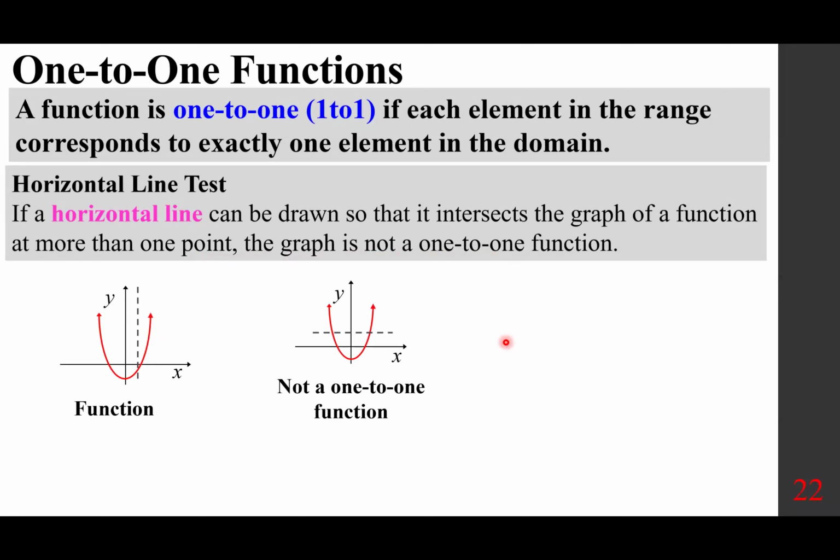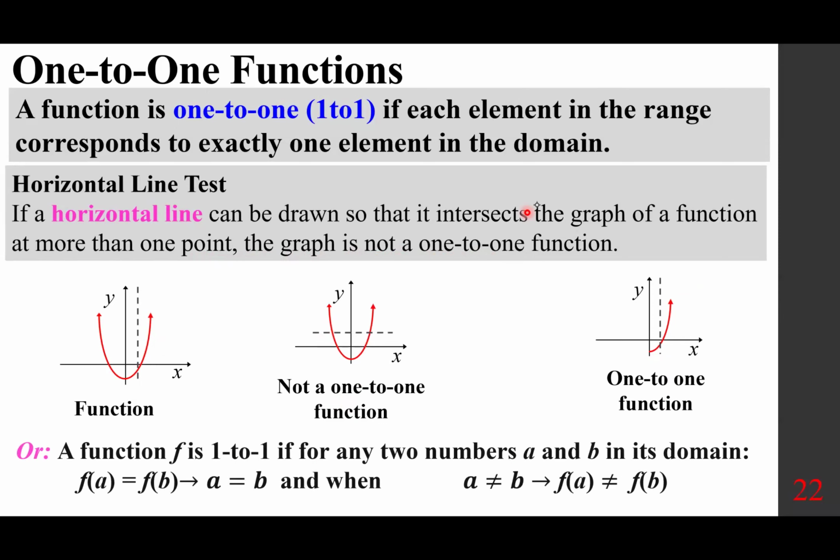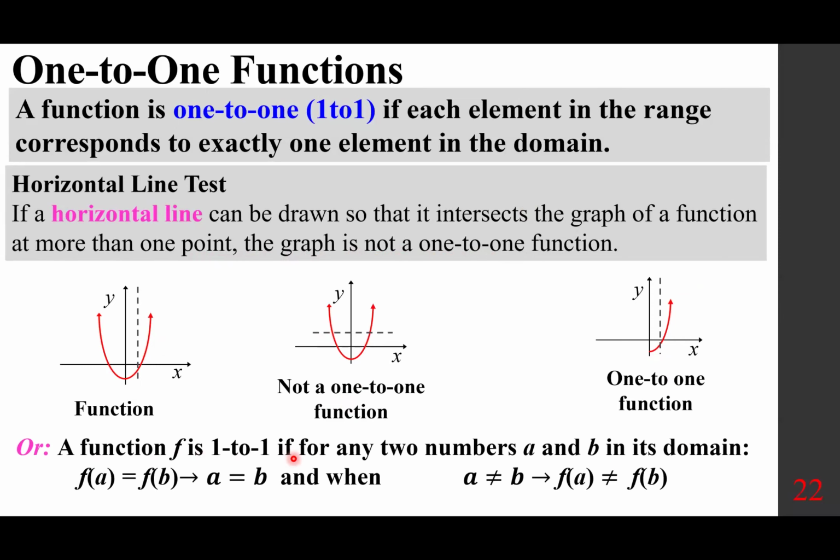And if you cut it in half, make two pieces, this portion is a one-to-one function, the left side also. And so function f is one-to-one if for any two numbers a and b in its domain, if f of a equals f of b, that indicates that a must be b, and when a is not equal to b, f of a is not equal to f of b.